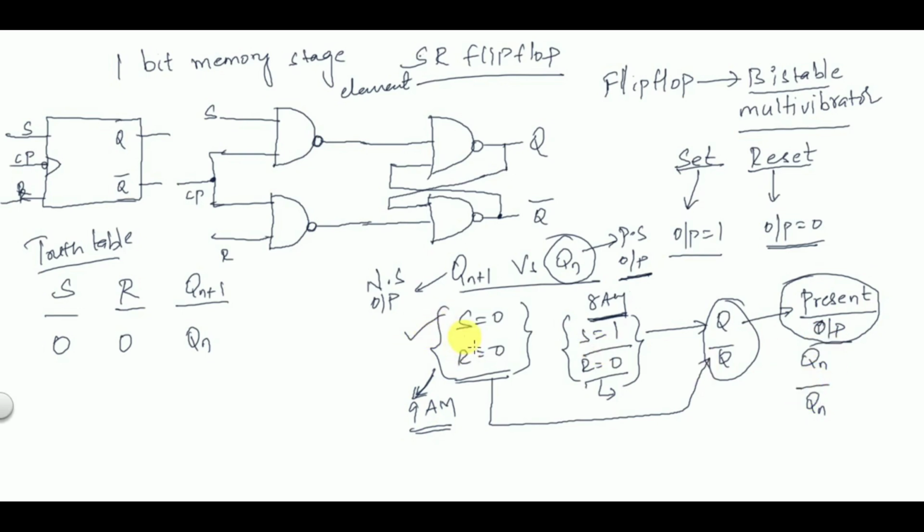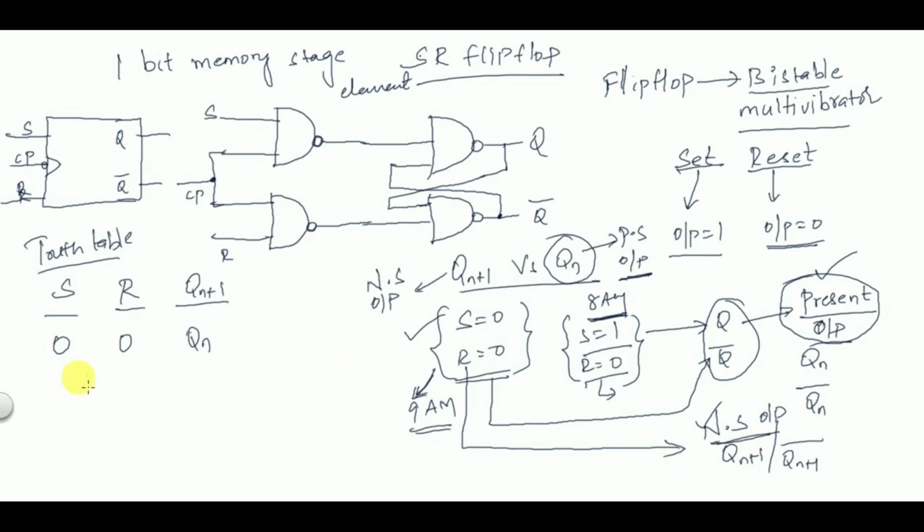Now the inputs are being changed, so you'll get a corresponding change in outputs. Those outputs are represented as the next state, Qn plus 1 or Qn plus 1 bar. I hope you have got the idea of present output and next state output.